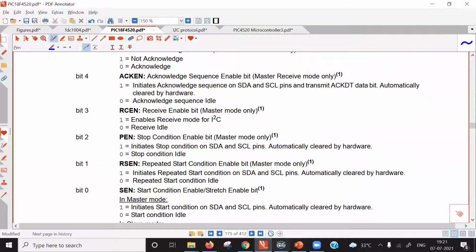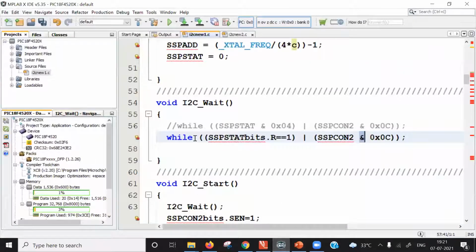In this program we checked the transmit condition, that is whether transmission is under progress or not. We must also check whether the I2C module is receiving data or not, because the same function is used for checking transmission or reception under progress. With the help of the first condition, we check whether transmission is under progress or not.